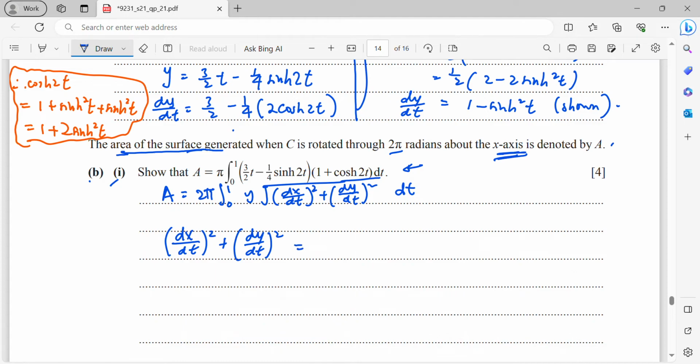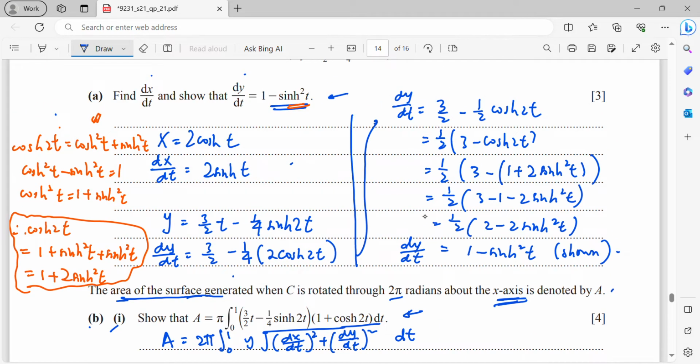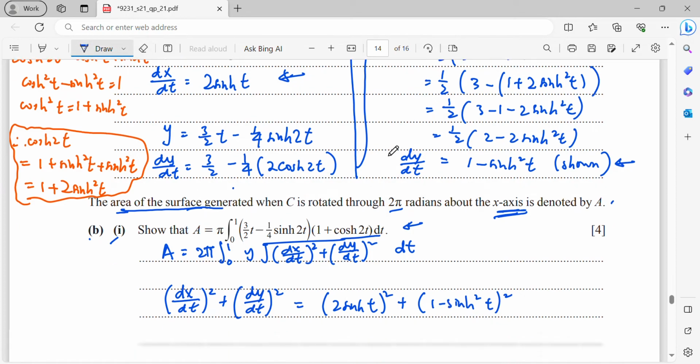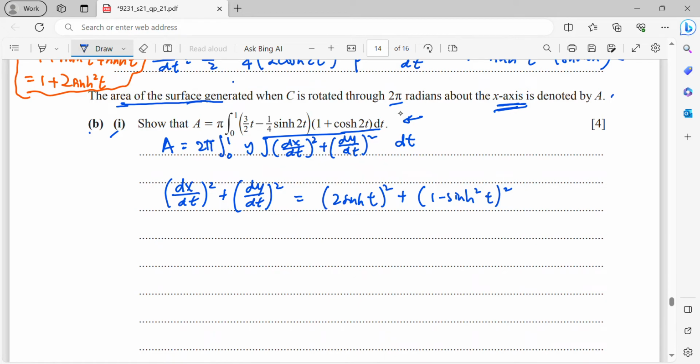So my dx/dt is 2 sine t, and this is my dy/dt. I will just directly replace now. It will be 2 sine t squared plus 1 plus sine squared t, then you square. Now when doing the expansion, the first term is 4 sine squared t.